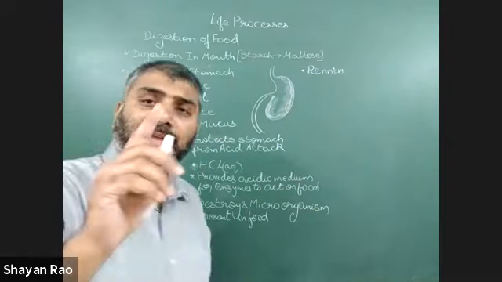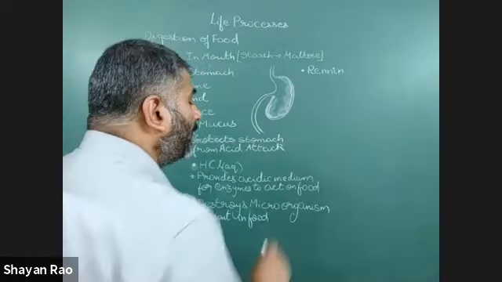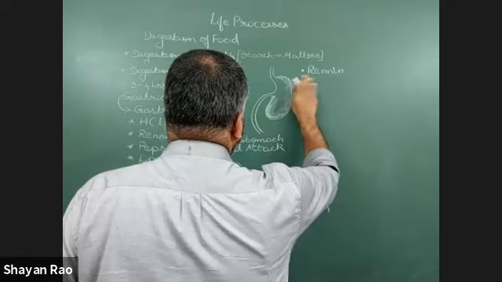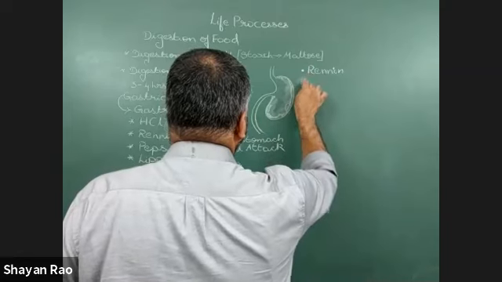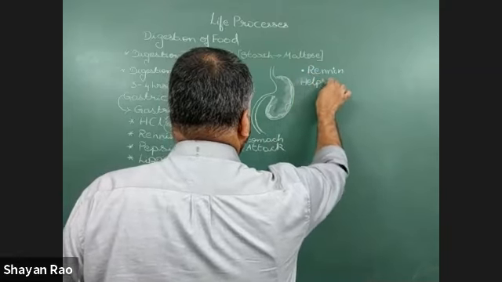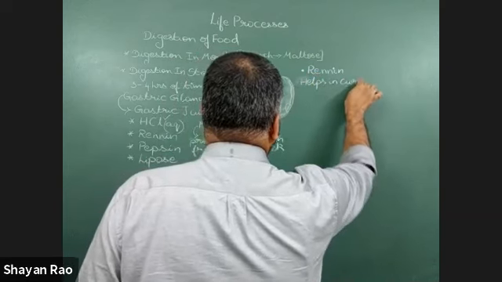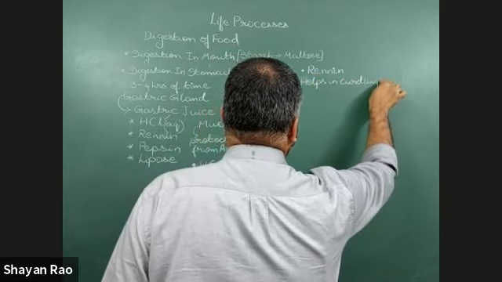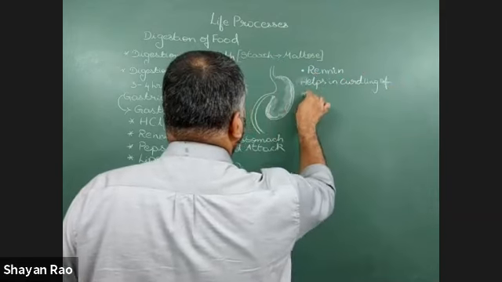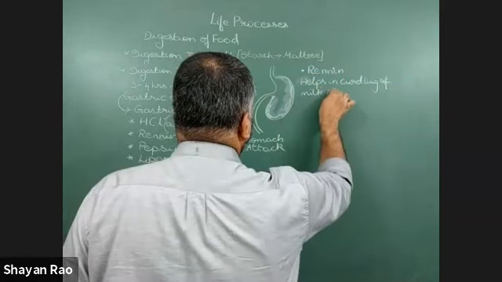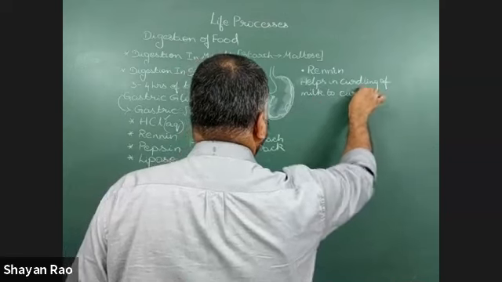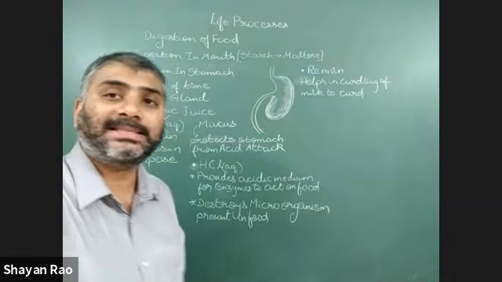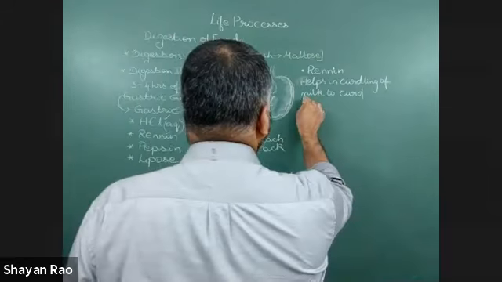Renin is the important enzyme which helps in the curdling of milk to curd. Curdling of milk to curd. This is seen only in the case of infants.